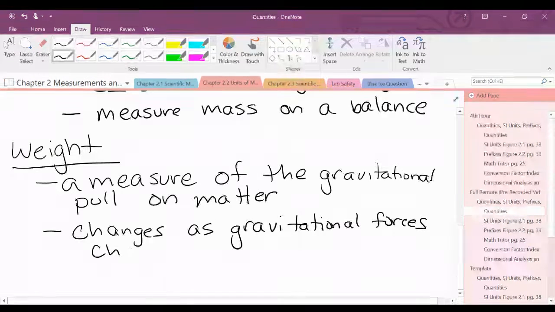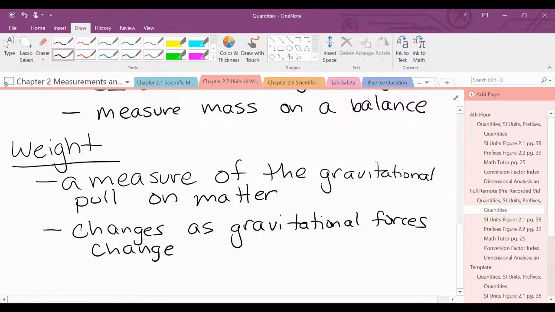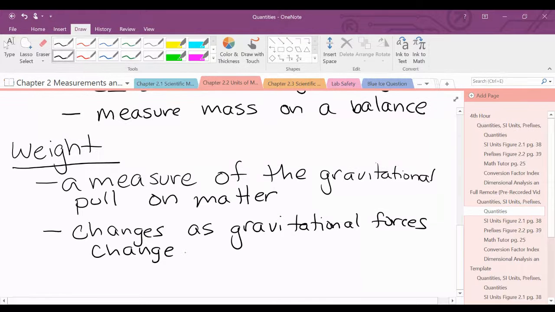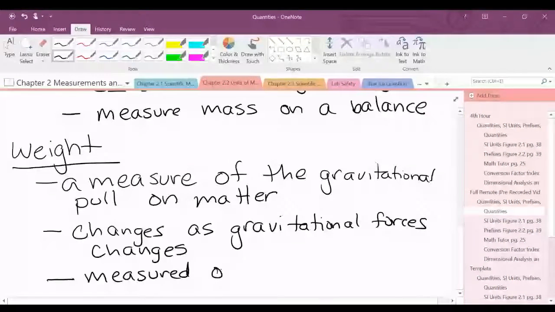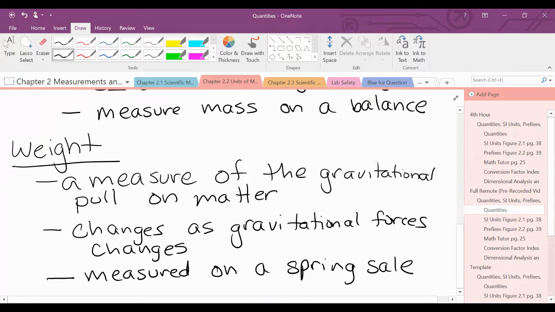And so this is measured on a spring scale. Whoops. Should say spring scale.